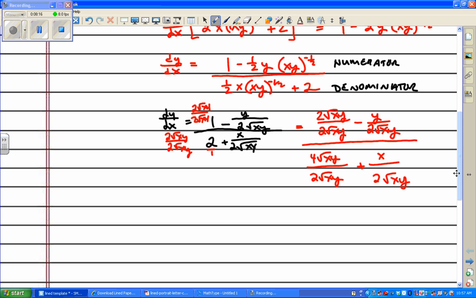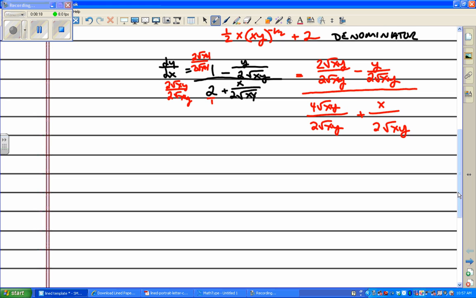Okay. So now cleaning that up a little bit, since I've already got the common denominators now, it's going to be 2 radical xy minus y all over 2 radical xy. Okay. Right there is that stuff. Just combine one fraction. Okay.